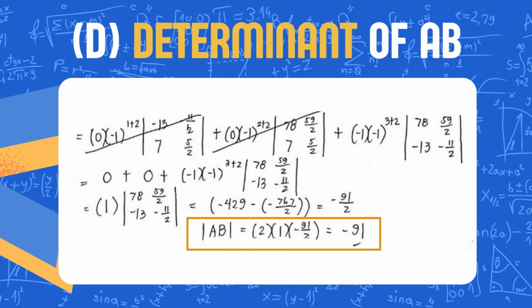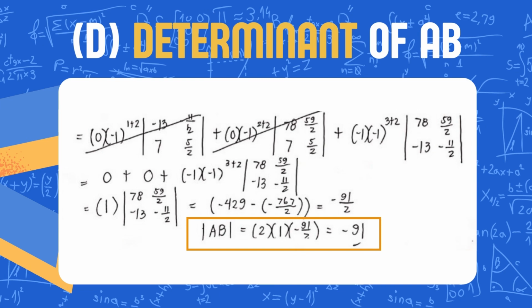In performing the cross product to get the determinant, we have 78 multiplied by negative 11 over 2 minus 59 over 2 multiplied by negative 13. Therefore, we get negative 429 minus negative 767 over 2, which is equal to negative 91 over 2.